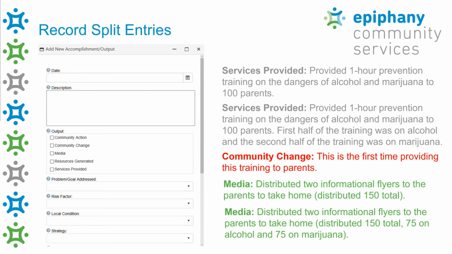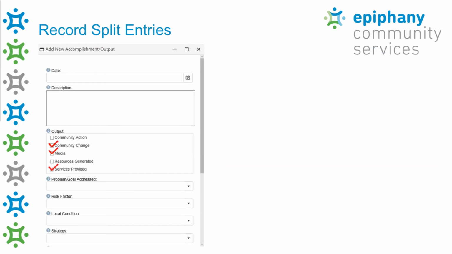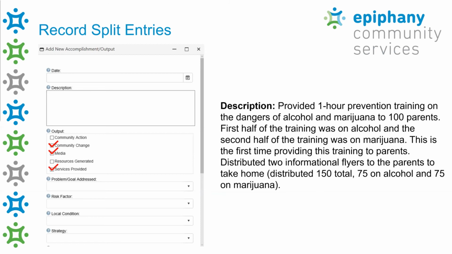So now that we have our descriptions that we want, we're going to go ahead and put them together into one and check our boxes that we want to record for Reach. So the first thing we're going to do is type in our description: provided 1 hour prevention training on the dangers of alcohol and marijuana to 100 parents. First half of the training was on alcohol and the second half of the training was on marijuana.